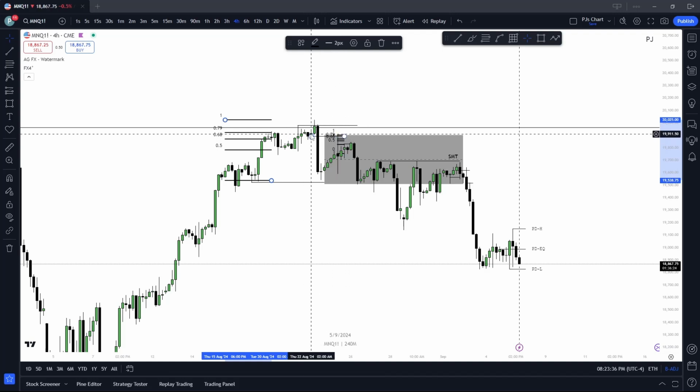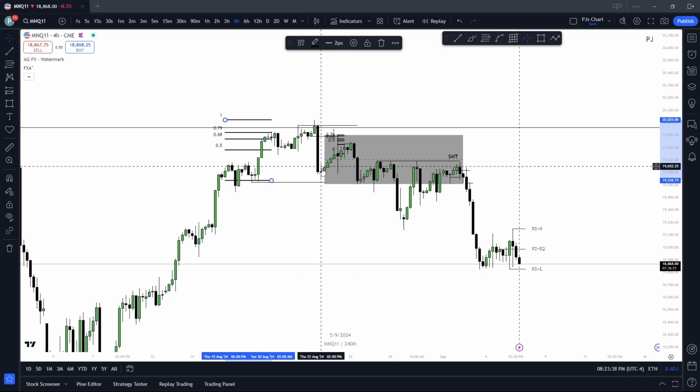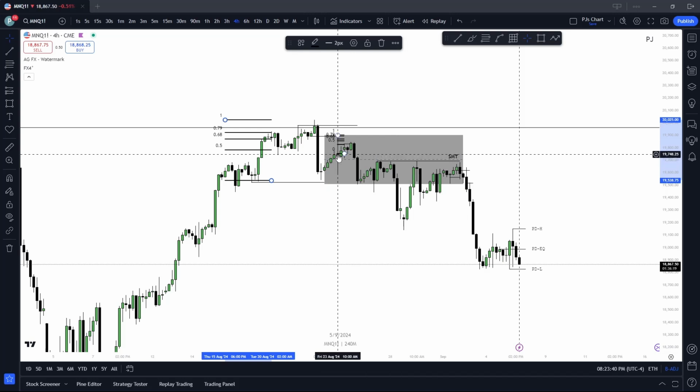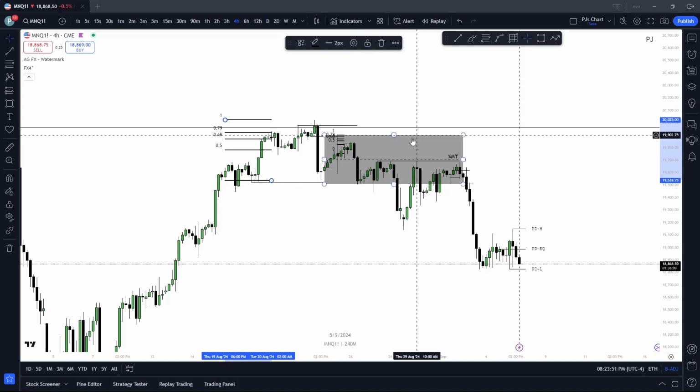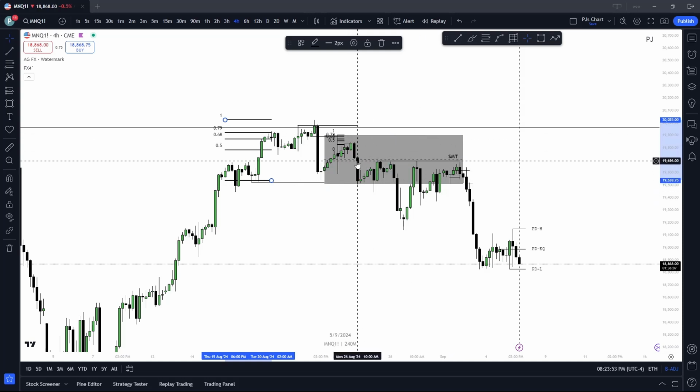OTE retracement after an accumulation into a 10 a.m. candle, probably a news event, into a London manipulation, into a distribution inside 6 and 10.